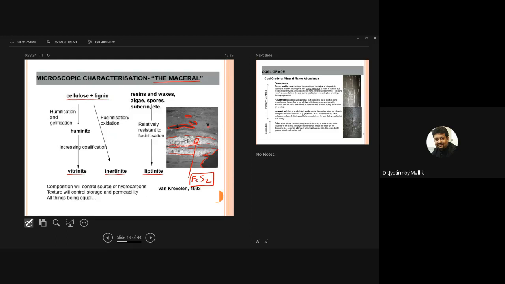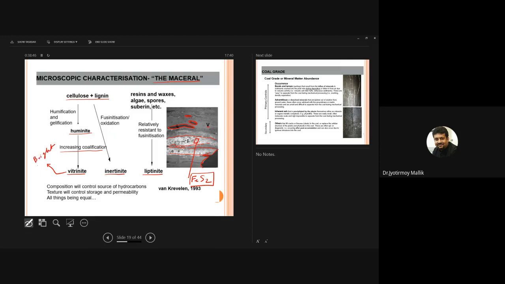Now, from the cellulose and lignin, by humification and gelification, it forms huminite, and then with the increasing coalification process, this forms the vitrinite. This vitrinite actually forms the bright bands.